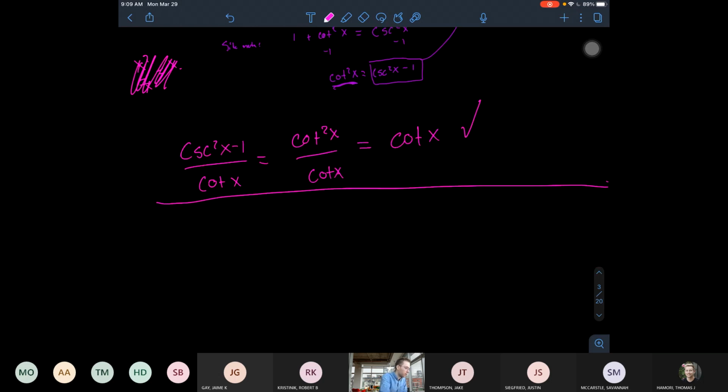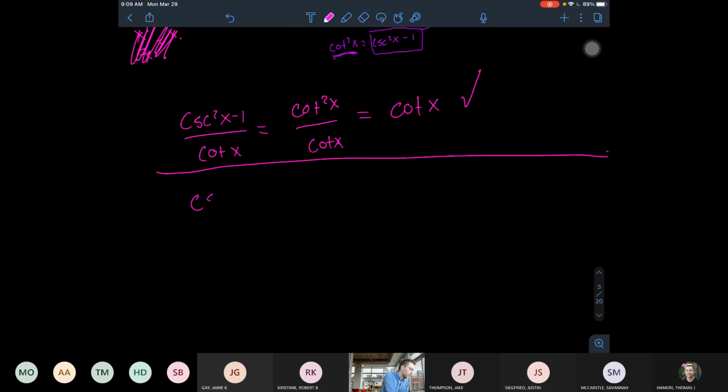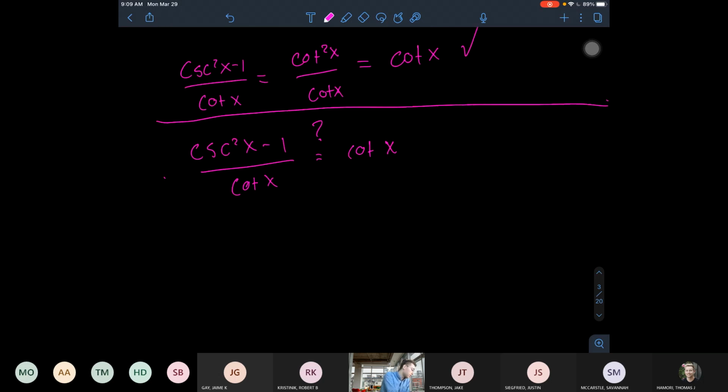For example, what I could have done instead is the following. I could have started with cosecant squared x minus 1 over cotangent x, which is equal to cotangent x. I could have checked, well, is this true? By just multiplying both sides by cotangent x, and then we cancel the denominator on the left-hand side, and we get cosecant squared x minus 1 is equal to cotangent squared x.